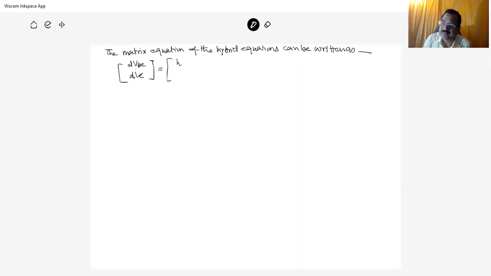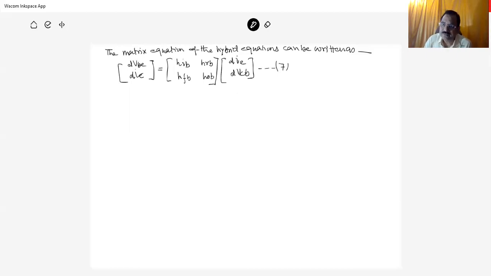This is equation number 7. This is the hybrid equation.